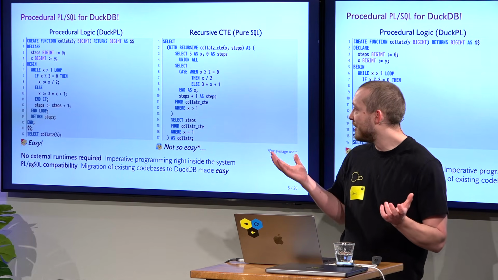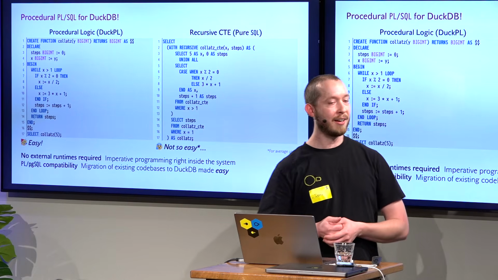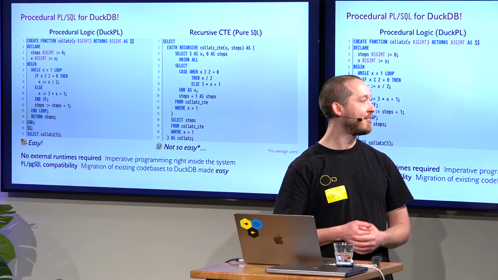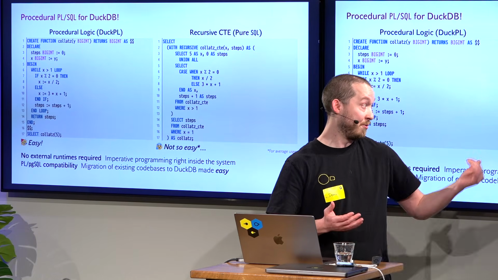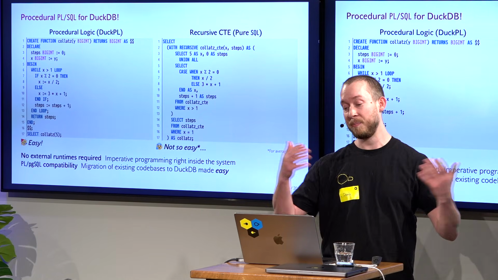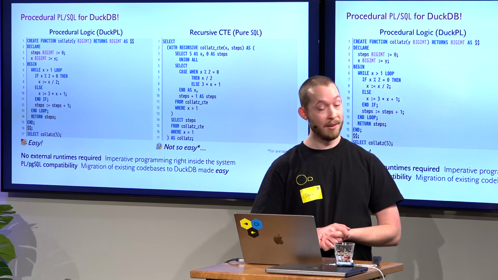The interesting part here is I can have a while loop, I can have my if statements, I can have variables in my code, and I, of course, can return some values and call this function.